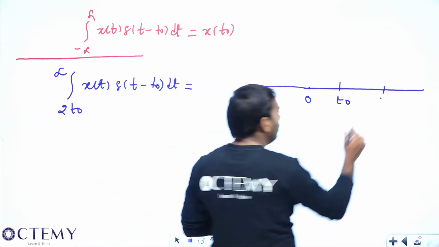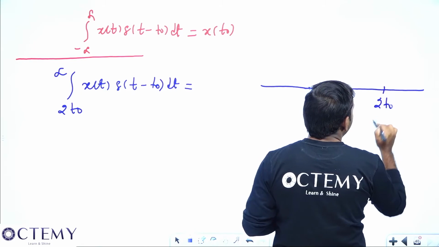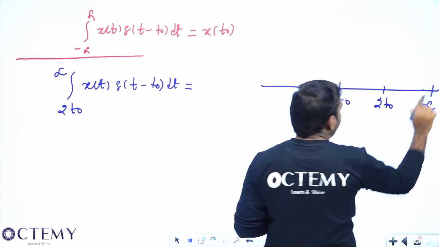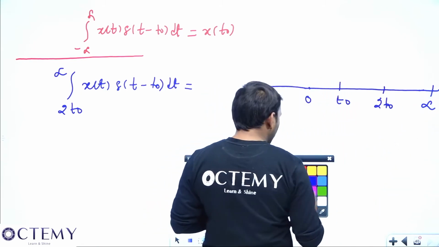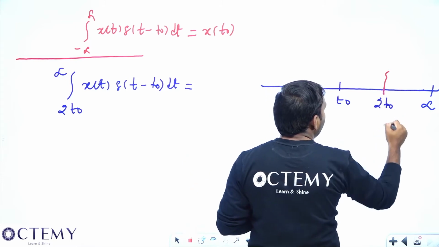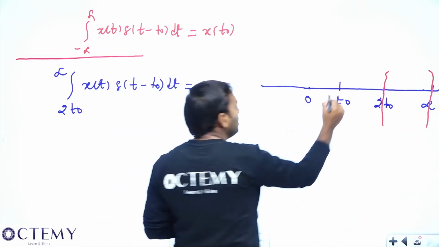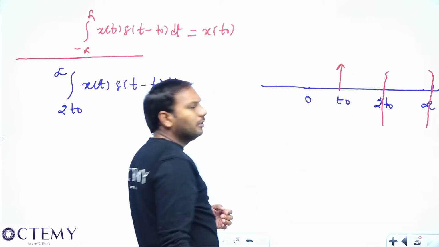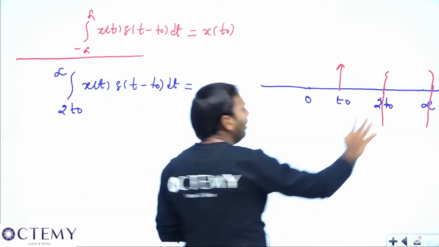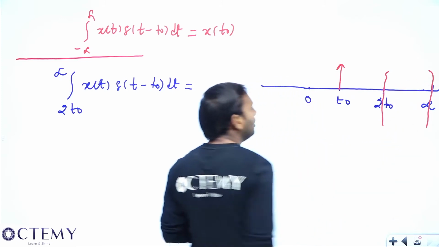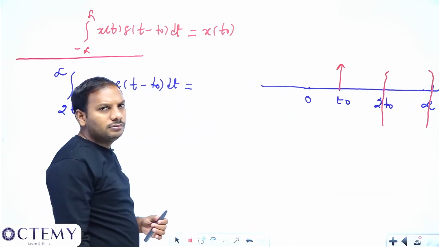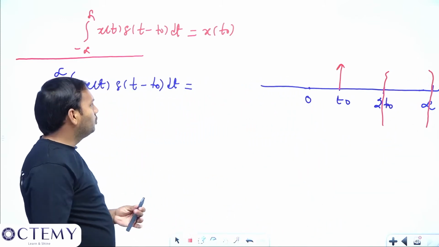Where is 2t0? 2t0 is here, infinity is somewhere here. So you are integrating between this and this, but your impulse function is at t0. Then what is there here? Nothing. It is 0. Understood the logic?